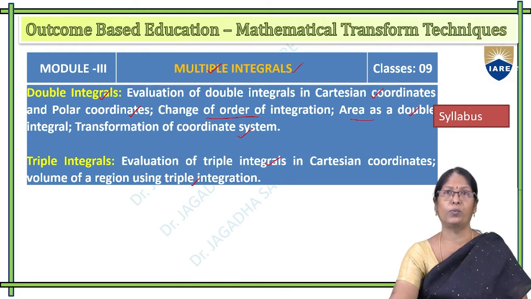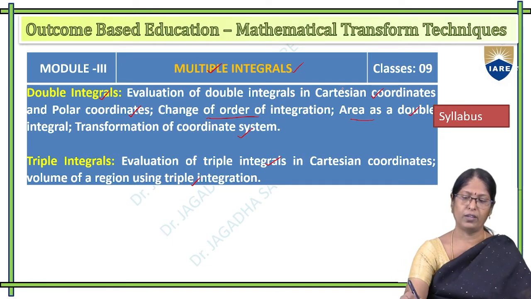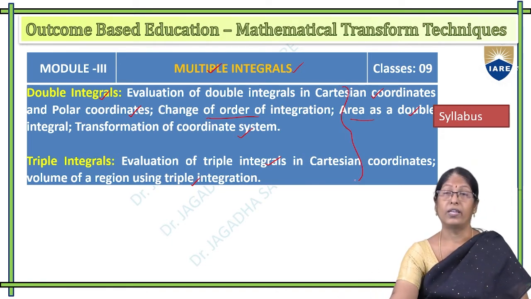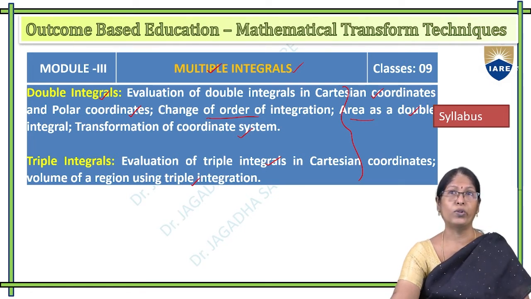Bloom's second level, understanding. So everything the faculty is expecting is that the students should have this knowledge regarding our module 3, multiple integrals. The syllabus is framed under double integral and triple integral.